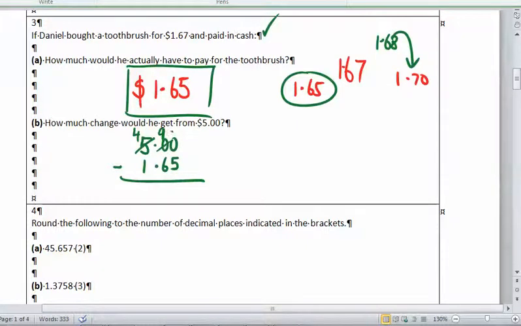You make this a 10. Thank you very much. So 10 minus 5 is equal to 5. 9 minus 6 is equal to 3. And 4 minus 1 is 3. Decimal points in the same spot. $3.35. So you would write this: receives $3.35 change.